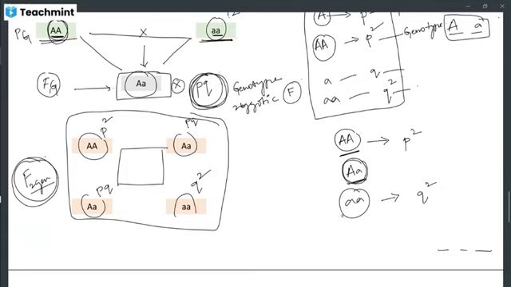This is the thing you need to notice: in a random mating population, the genotypic frequency of heterozygous individuals will not be PQ, it will be 2PQ, the same genetic frequency but two times. So the genotypic frequency of homozygous dominant will be P square, followed by the heterozygous individual at 2PQ.